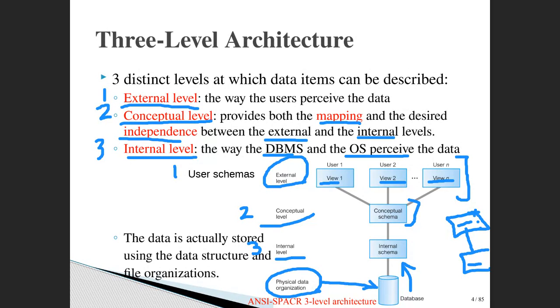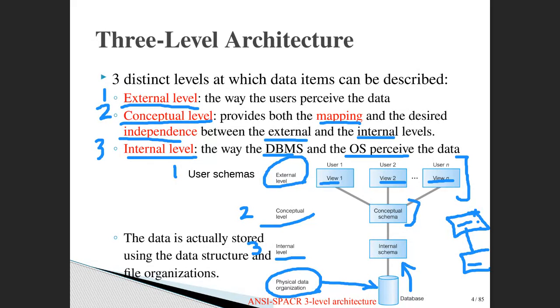Now, as a whole picture of how we are representing the data in the database system as a three-level ANSI-SPARC architecture, we know that there are three levels, right? Okay, simple. The external level is related to users or user schemas, how each user can perceive the data depending on each user's requirements.